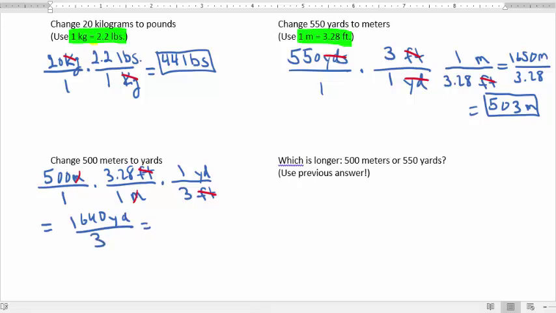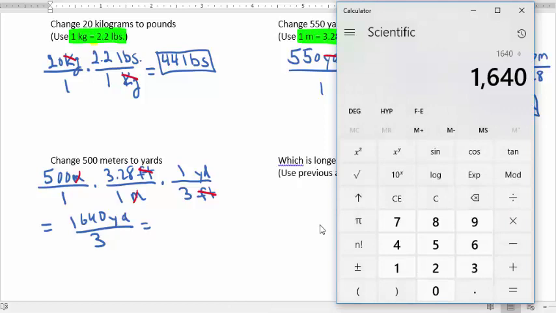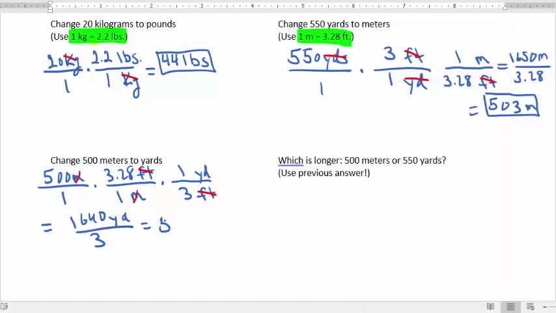When I divide 1640 by 3, I get 546.7, let's say. So it's 546.7 yards. So 500 meters is 546.7 yards.